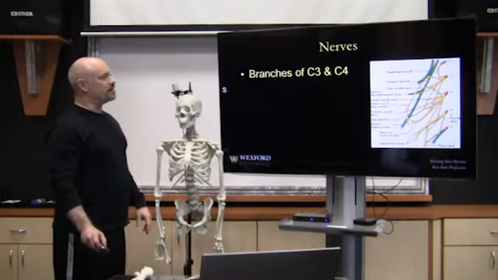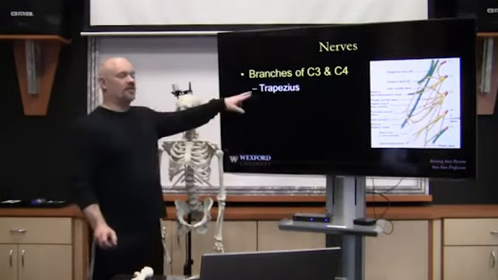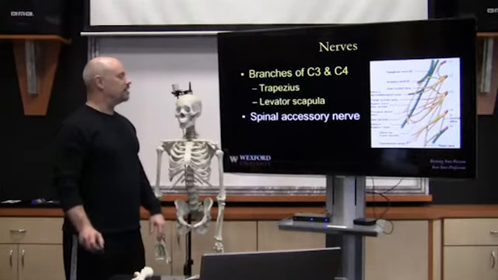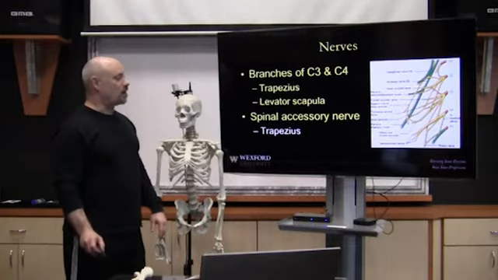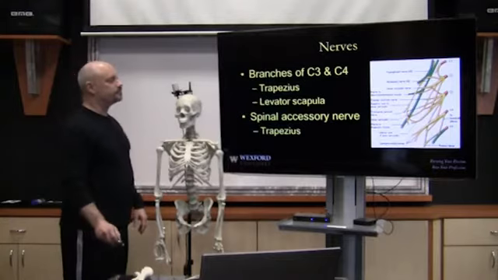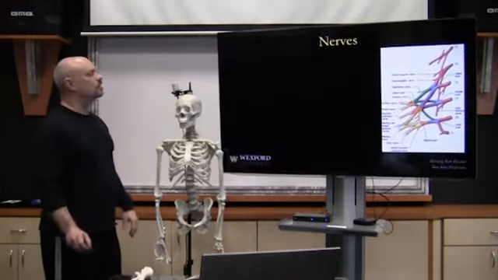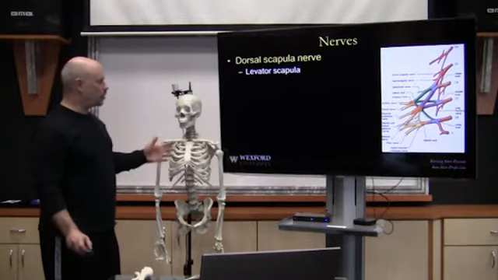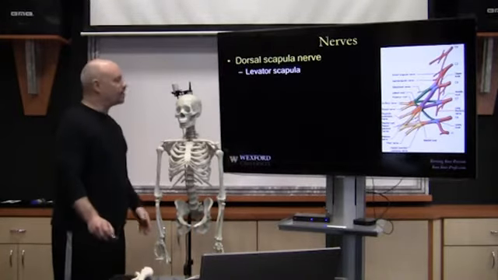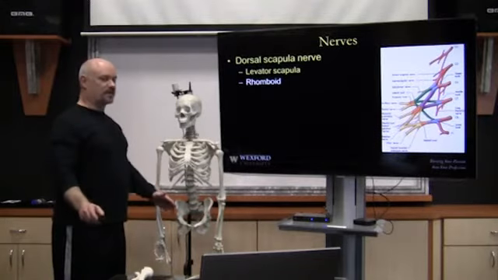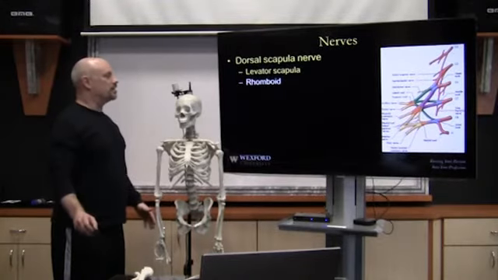The branches of C3 and C4 work on the trapezius and the levator scapula, and the spinal accessory nerve also innervates the trapezius muscle. The dorsal scapular nerve works on the levator scapula for elevation, and the rhomboid for retraction, downward rotation, and elevation.